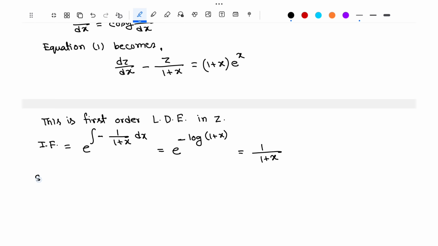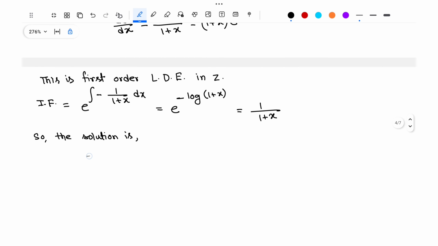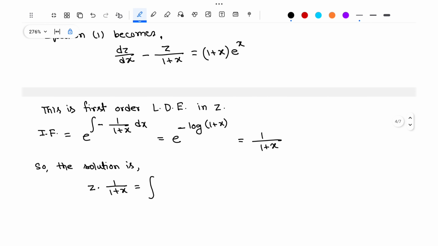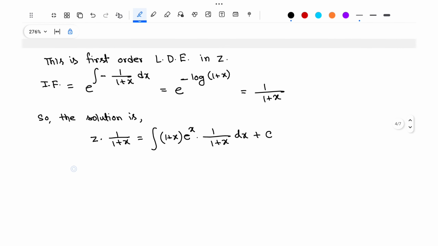Now the solution formula. So the solution is dependent variable z, so z into integrating factor is equal to the integration of the right hand side, meaning 1 plus x into e to the power x into the integrating factor, dx, plus c. Or z by 1 plus x is equal to, here 1 plus x is cancelled, so integration of e to the power x dx plus c.